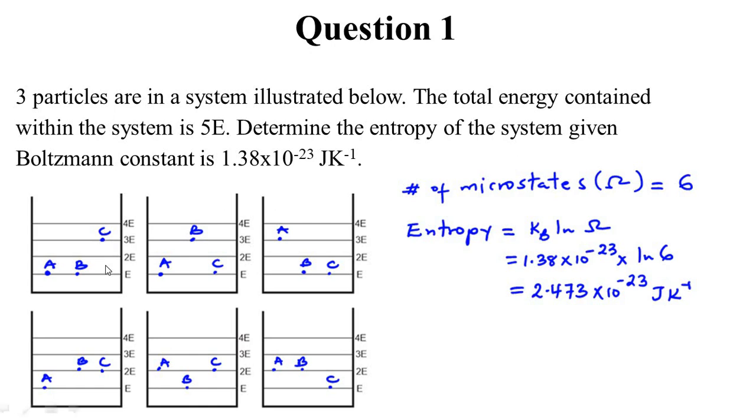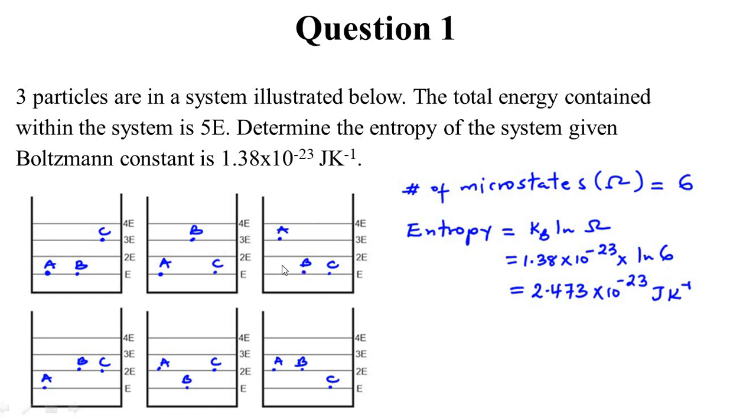That is 3E plus 1 plus 1, that is 5. There's a possibility of having B at 3E and C back to E. That is a state which is possible in this system. The third state which is also possible is when particle A is at 3E, and the rest settle at E.